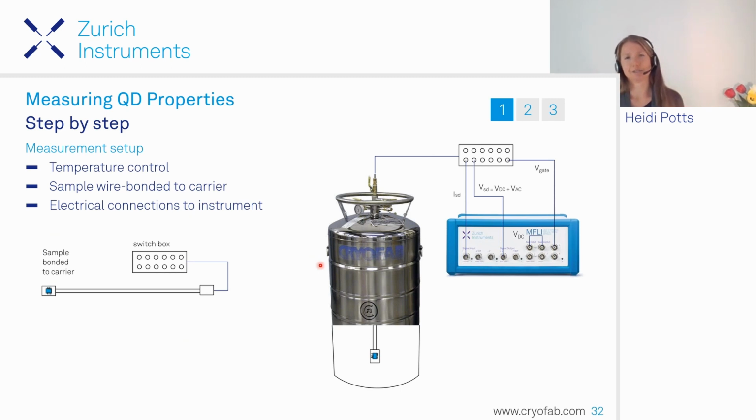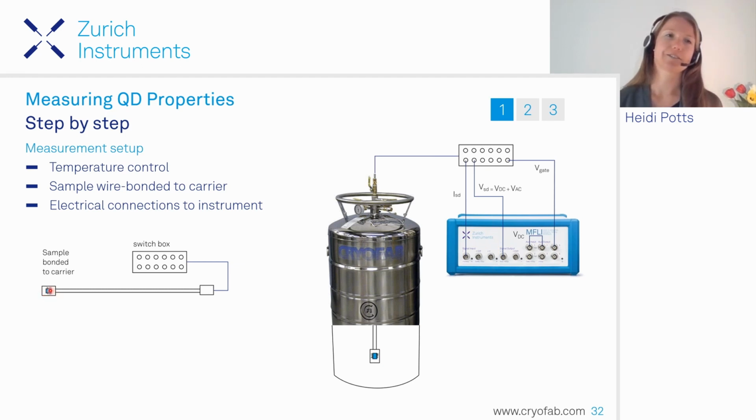First, here's a somewhat more realistic example of such a measurement setup, how it could look in your lab. This is a dewar that can be filled with liquid helium, and then you immerse your sample inside this helium bath here. To do this, you would mount your sample onto a long rod here that is called a dipstick.